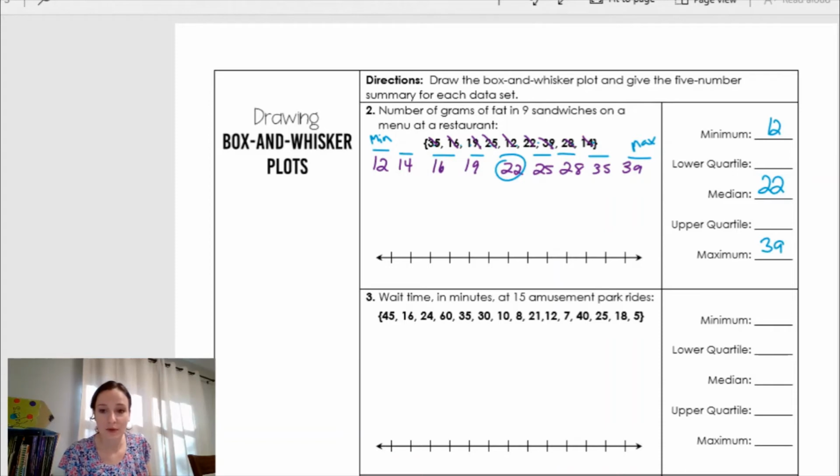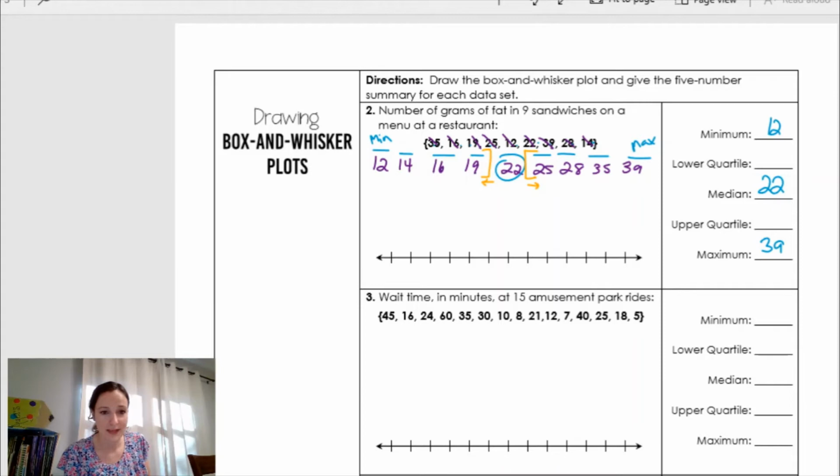Now to find the lower quartile and the upper quartile, you want to find the median of the upper and lower half. So here's the half mark, right? Here's the lower half, which go in this direction, and here's the upper half, which go to the right in this direction. So first, let's talk about the lower quartile.